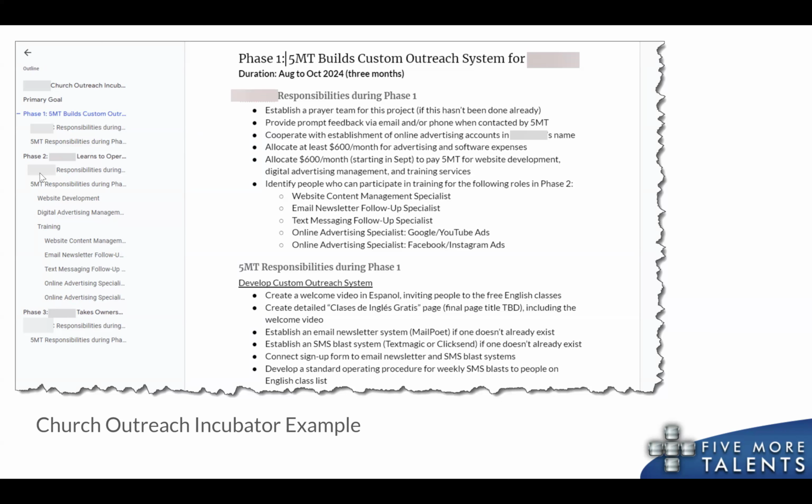Then during phase two of the incubator, the focus is on training you and the people of your church to be able to use the custom outreach system. And then phase three is where your church takes ownership of the system, so that you then have a much more robust church outreach ministry at the end of that time.